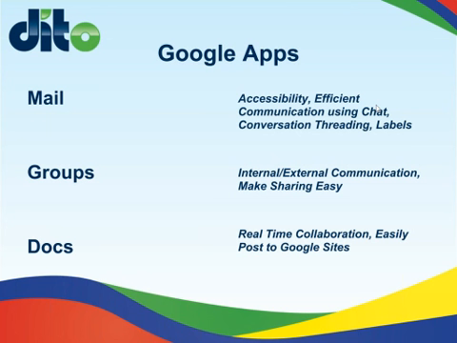So I really want to start with Mail and talk a little bit about accessibility, and piggyback on a lot of things that Leah had stated a moment ago. Accessibility is one of the key things that most organizations are finding about Google Apps. What I mean is that all of your data, your mail, calendar, contacts, any documents you've created, any sites that are available to you, can all be viewed anywhere you have an internet connection and from any device.